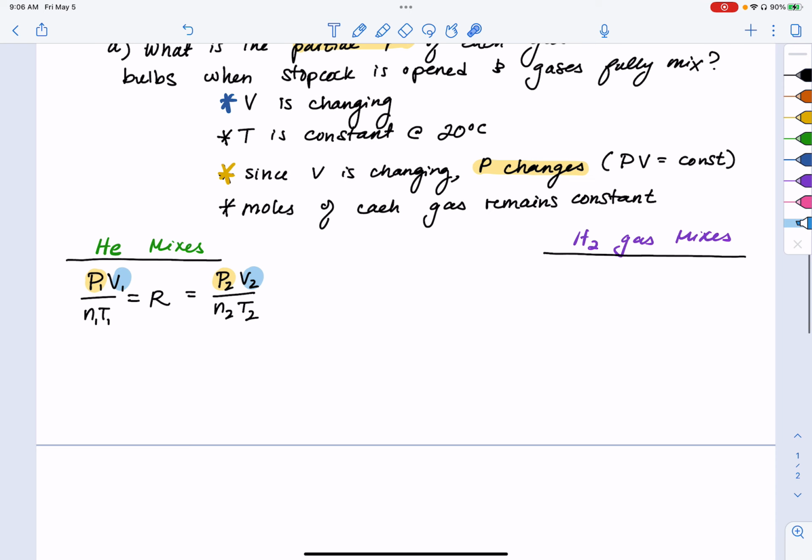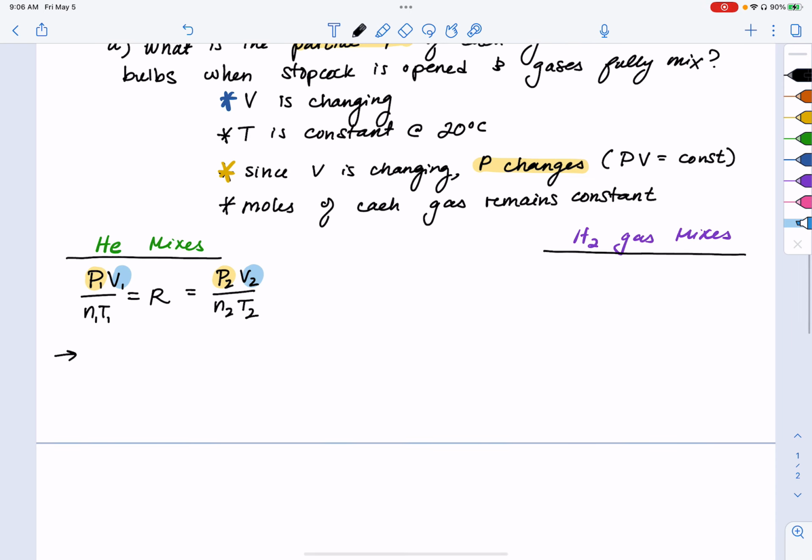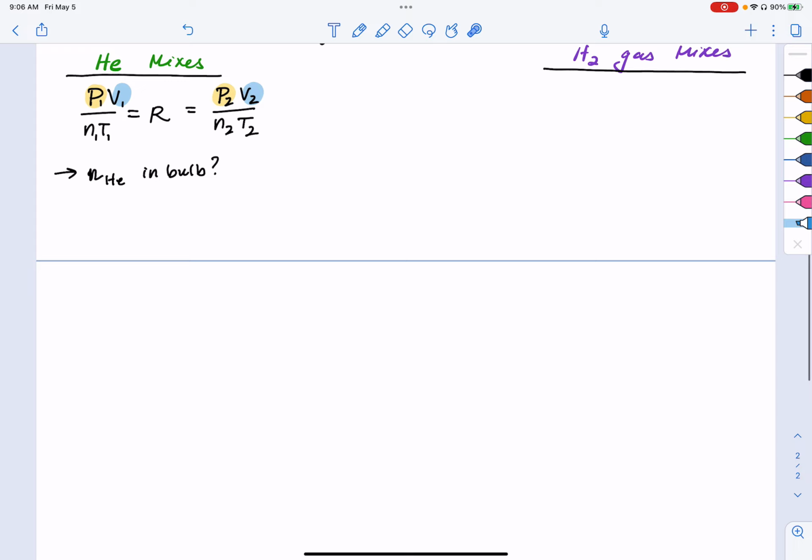So my first task is I need to figure out the moles in the bulb, because while that's going to be constant, I do need to know what this value is. I don't have it. So let's start with our conditions for helium before mixing.